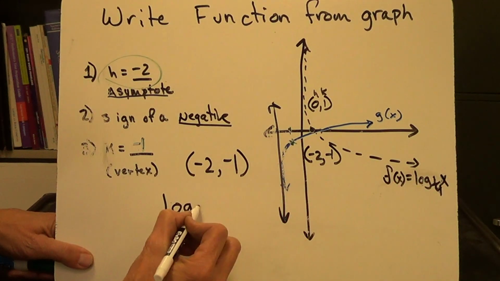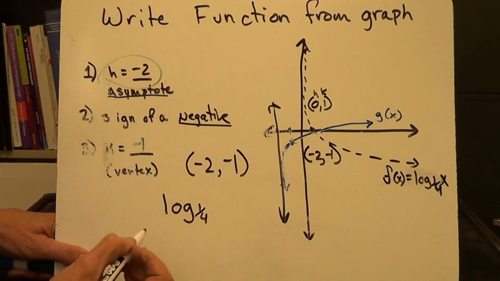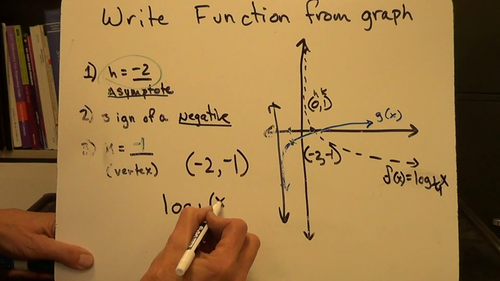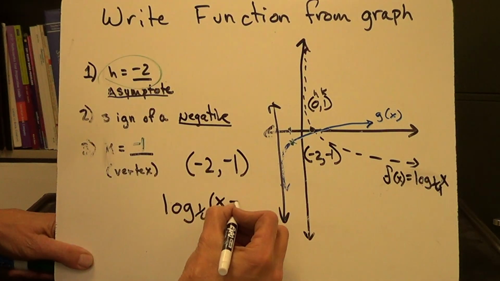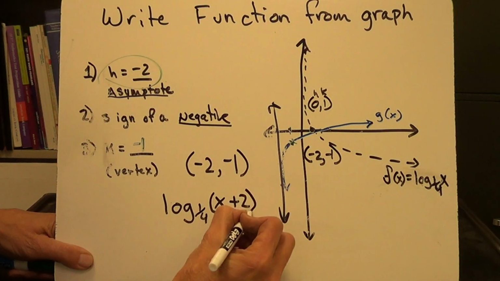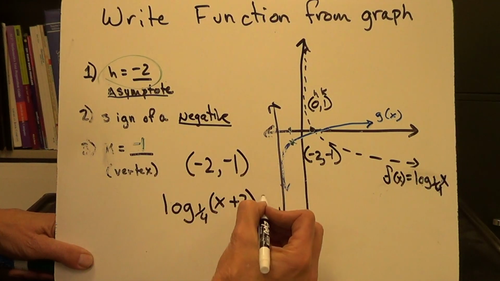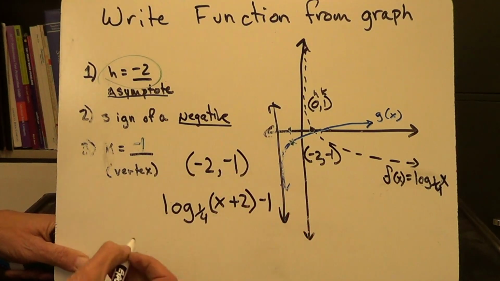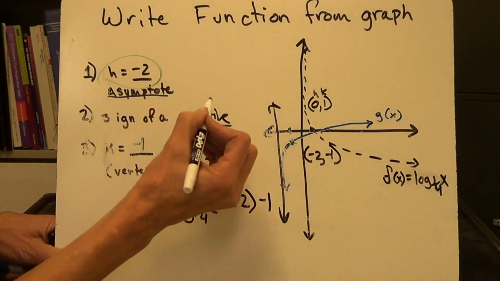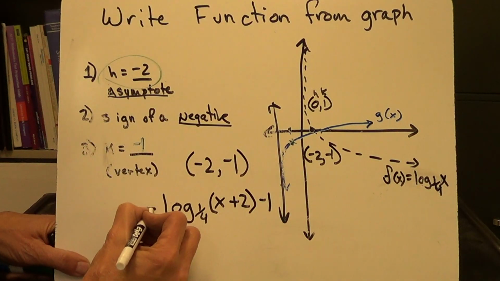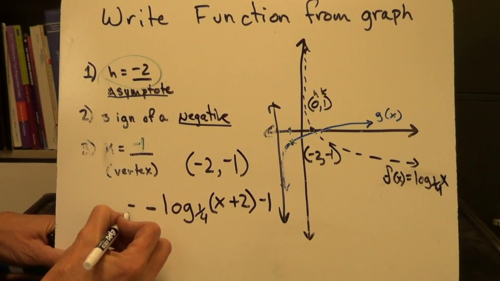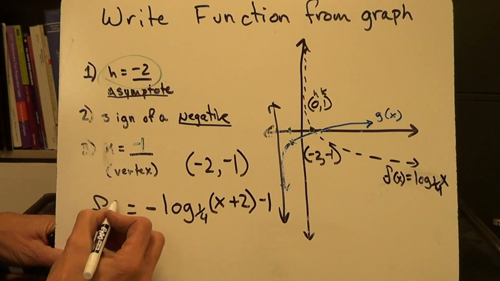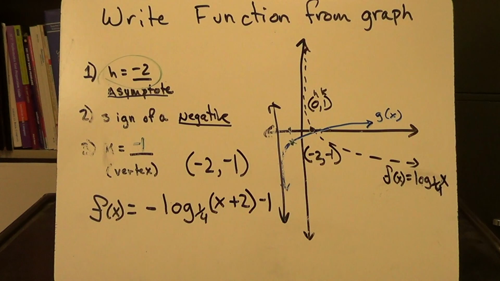I take it from my parent, base 1/4 of x. Now my H is -2, so that would be a +2. My K comes afterwards, so it's a -1. And my A comes in front, it's just a -1. So you can put -1 or negative log. And that is my function. Transformed, okay?